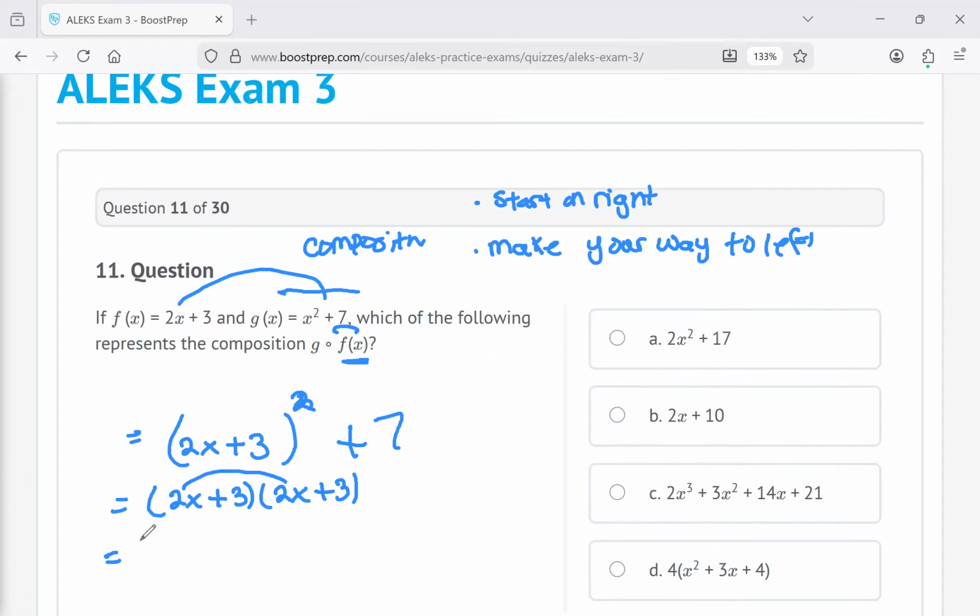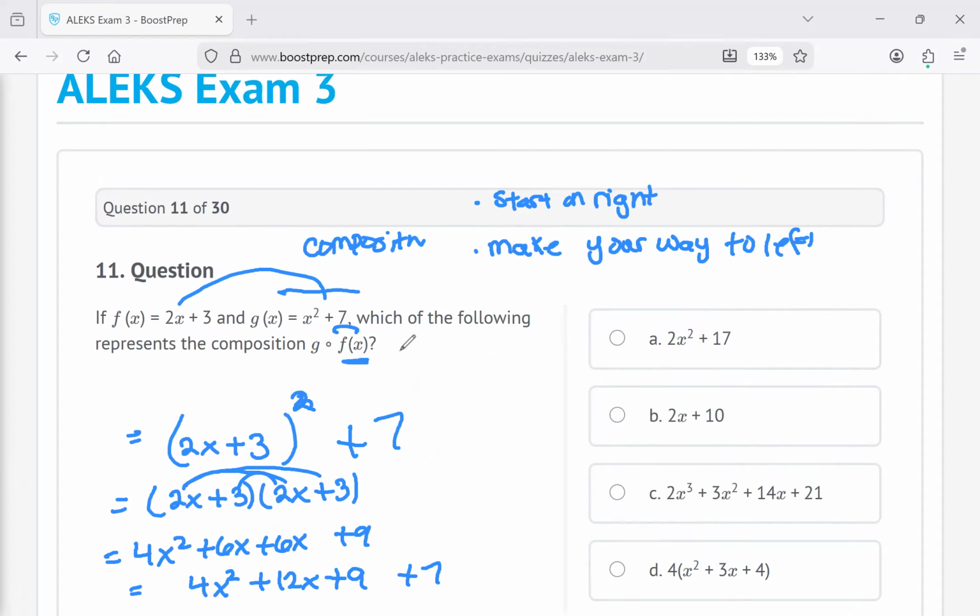So 2x times 2x is 4x squared. 2x times 3 is 6x. 3 times 2x is 6x. 3 times 3 is 9. And then that simplifies as 4x squared, 6x plus 6x is 12x, plus 9. And then don't forget that plus 7 at the very end.